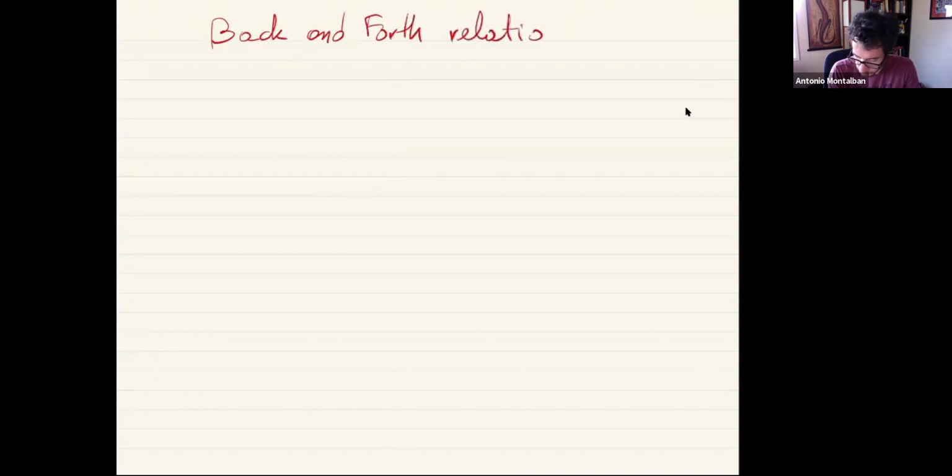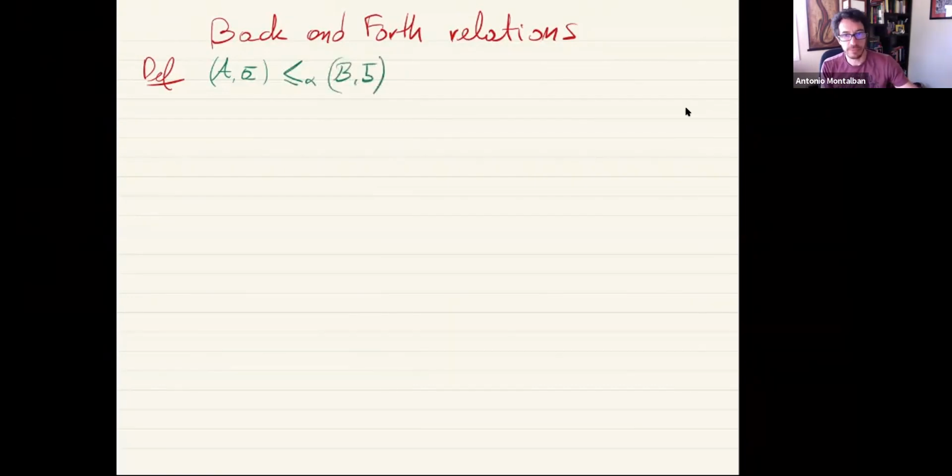So, back and forth relations. Definition. If you're given a structure A and a tuple inside the structure, we say that this one is alpha-below B. We defined this before, that's why I'm just doing it quickly.